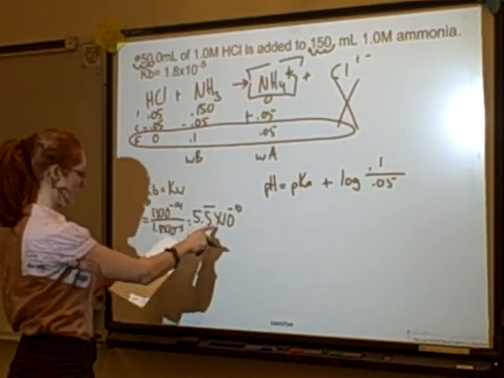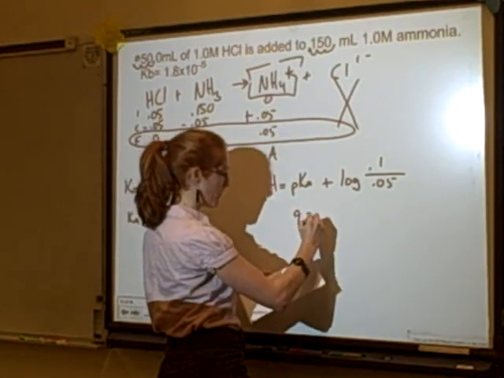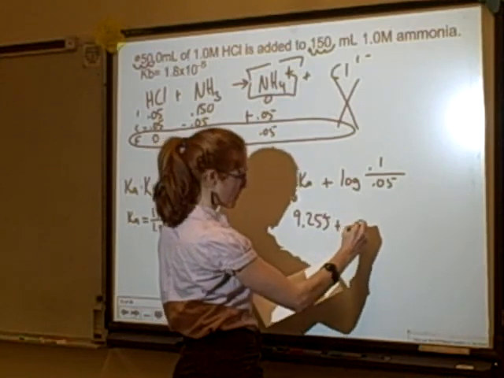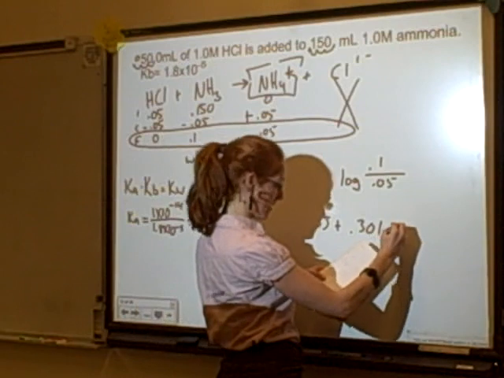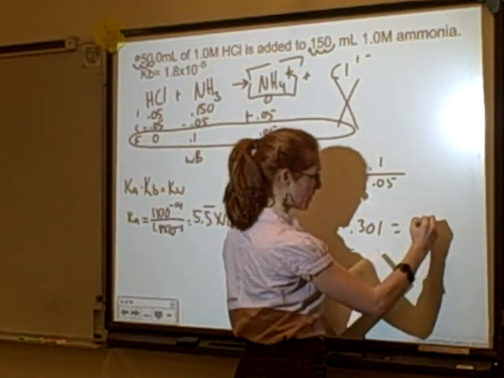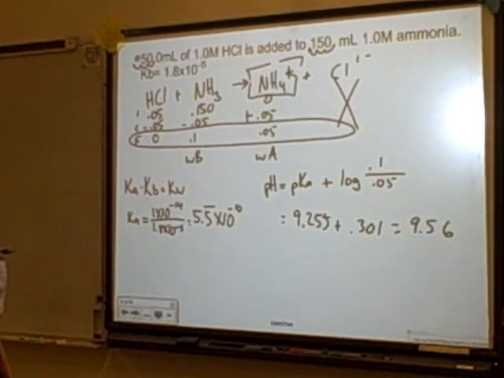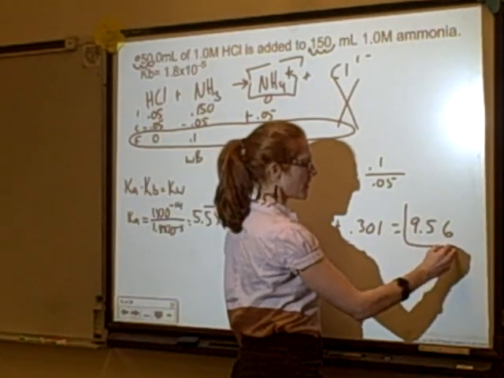When I negative log that, I get 9.255 plus 0.301 for this, so you can see if you did both parts right, and then addition. 9.56 is the pH I get. And I've got 2 sig figs everywhere, or 3, so that is your answer.